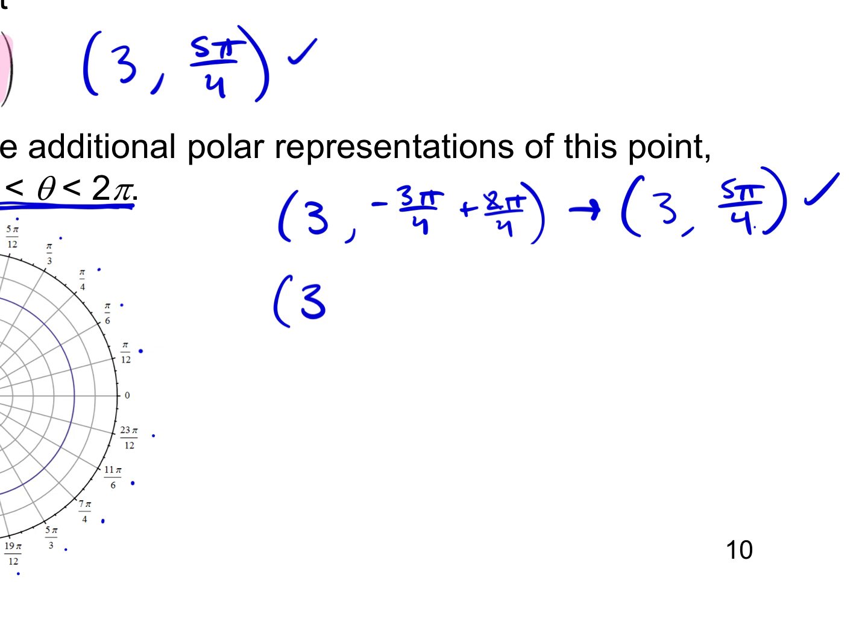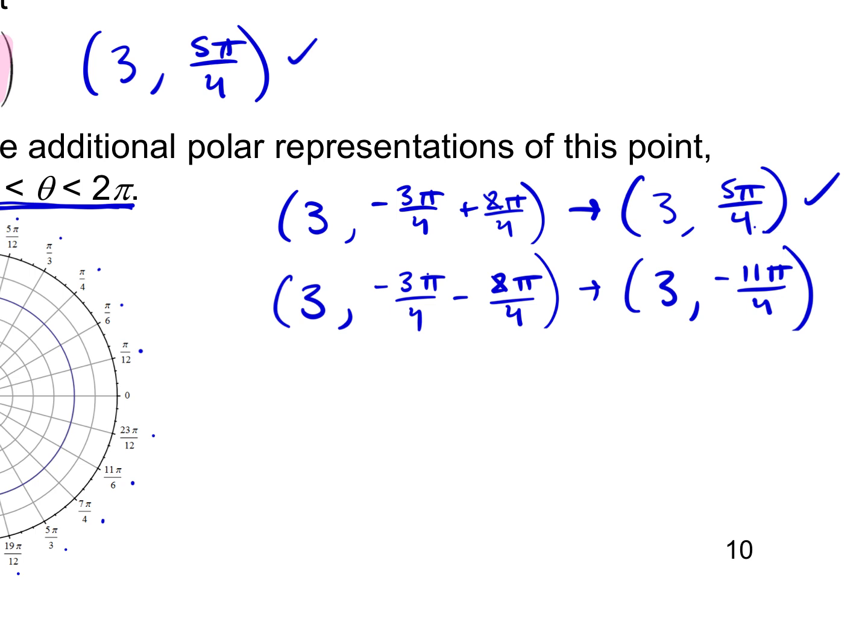Let's keep 3 positive, and I'm going to subtract 2 pi. So we have negative 3 pi over 4 minus 2 pi. And I can make that 8 pi over 4. So this would be 3, negative 11 pi over 4.